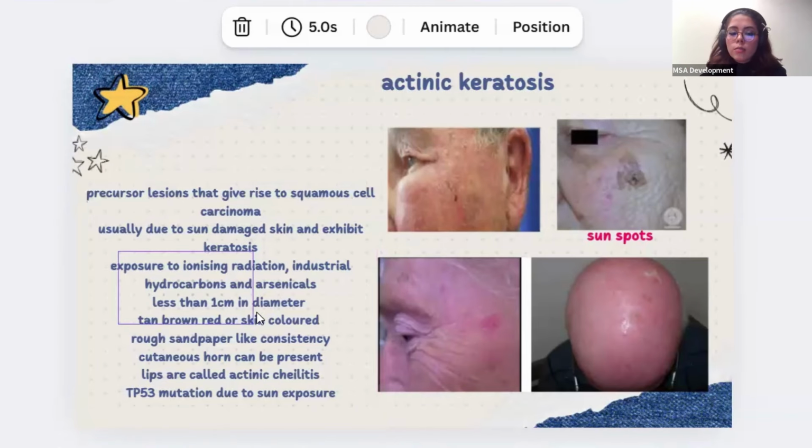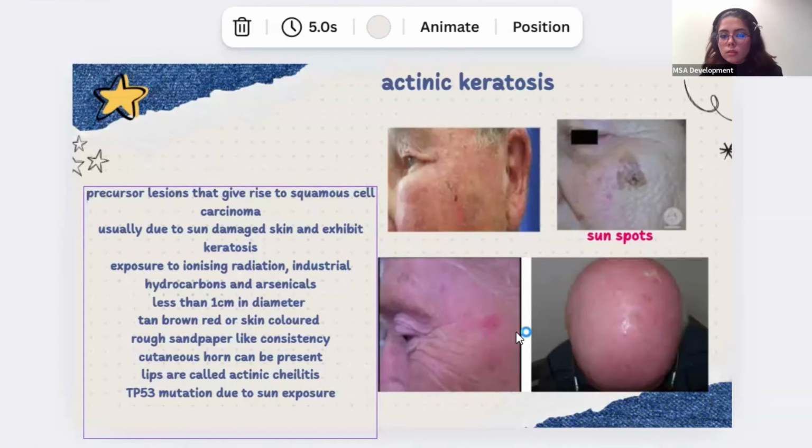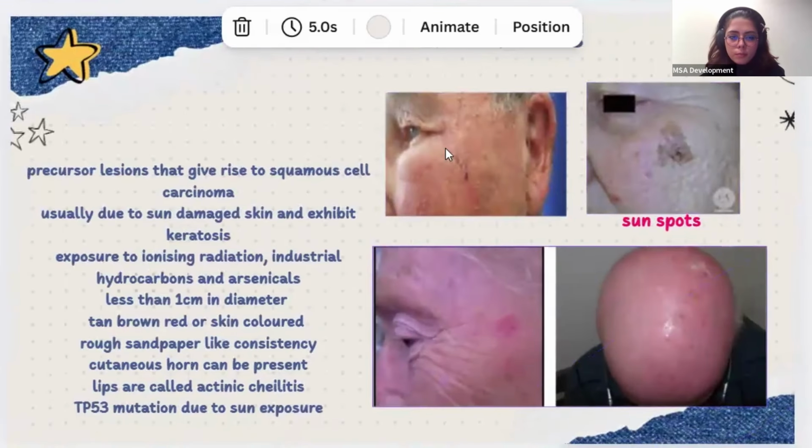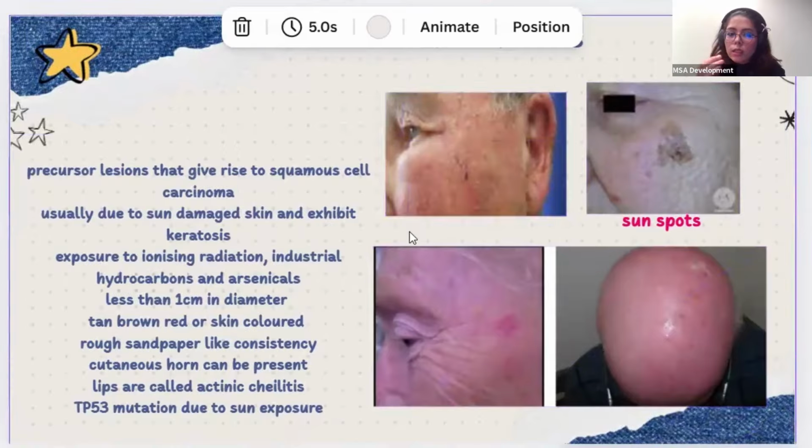It's less than 1 centimeter in diameter, tan, brown, red, or skin colored. So this is red, this is brown, skin colored, and both of them here. It has a rough texture, and this is one of the points they're going to put in the clinical scenario.